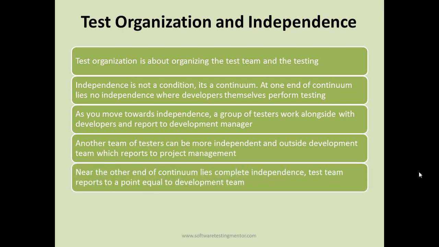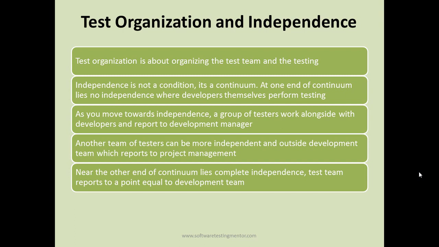Near the end of the continuum lies complete independence, wherein the test team reports to a point equal to the development team. So there will be complete independence when there is a team which has a completely different set of people.